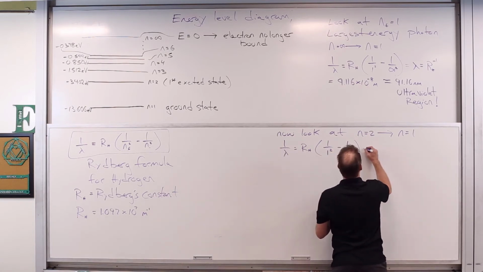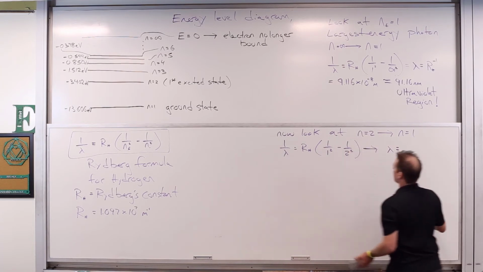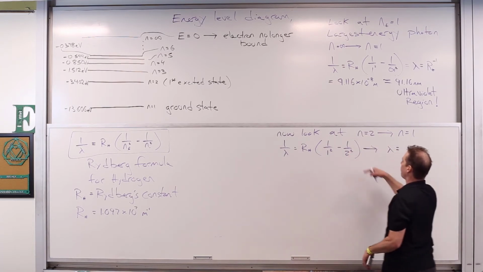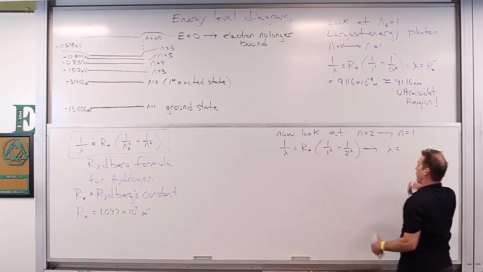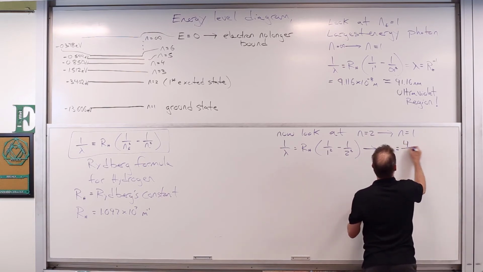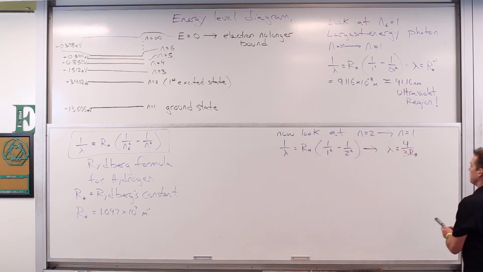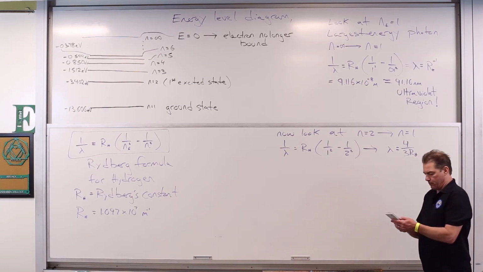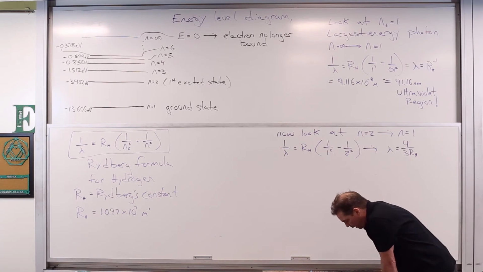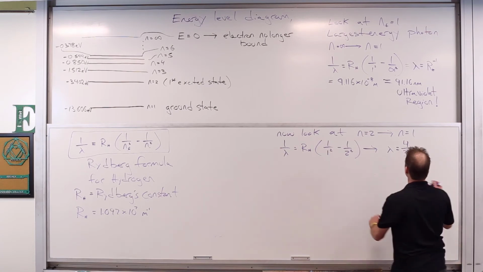Ultimately this gives us lambda equal to 1 minus 1/4, which is 3/4, so 4 over 3 R sub H. So I go 4 divided by 3 times 1.097 e to the 7th, and that gives us 1.215 times 10 to the negative 7.